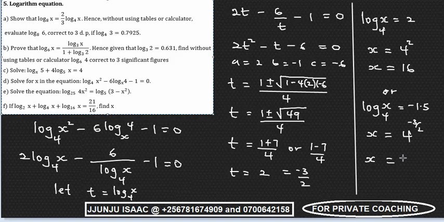So we shall get 4 power negative 1.5, which is 1 over 8 as the answer. So that is part D. Now let us go to part E of the same question.